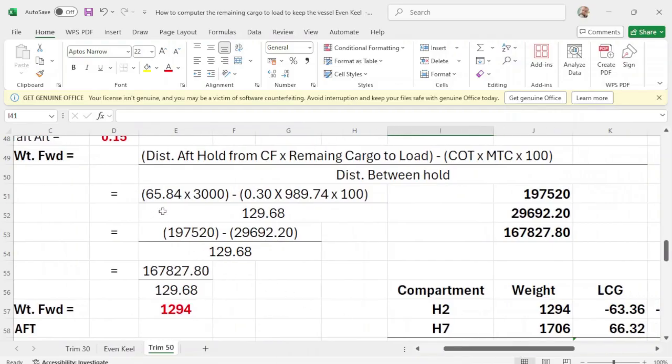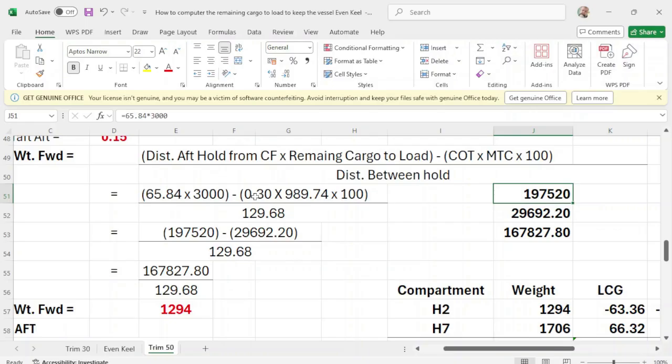So 65.84 times 3000, that will be this one. 65.84 times 3000, you have 197520, okay.